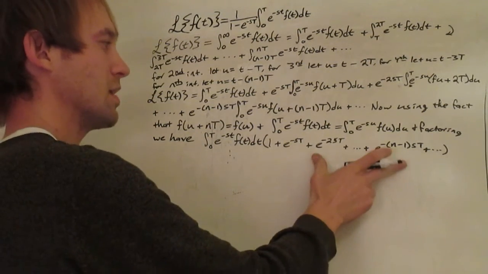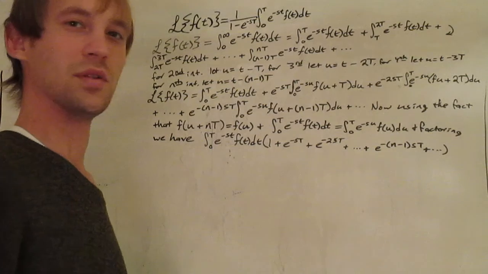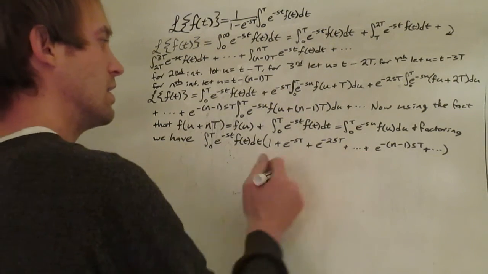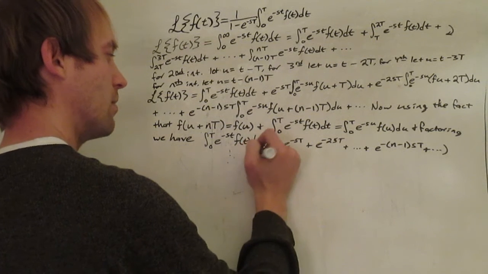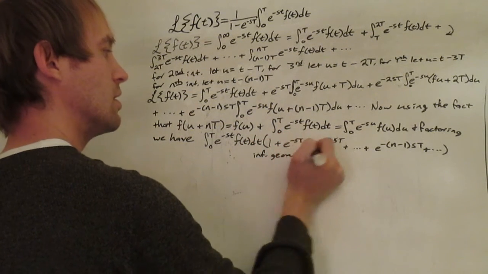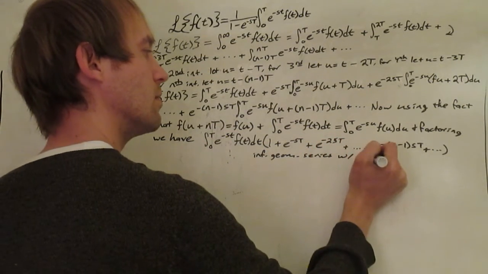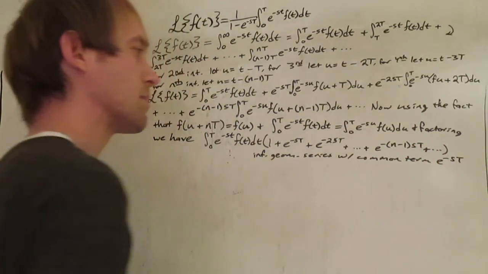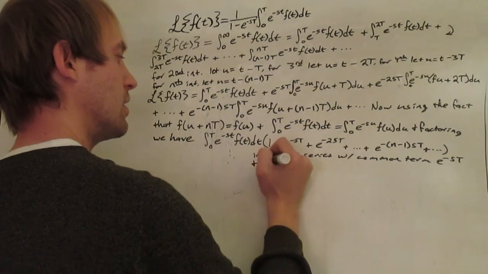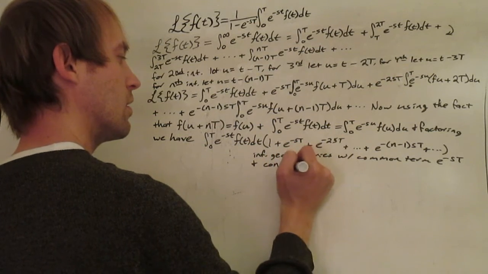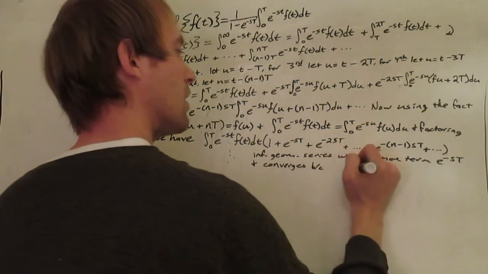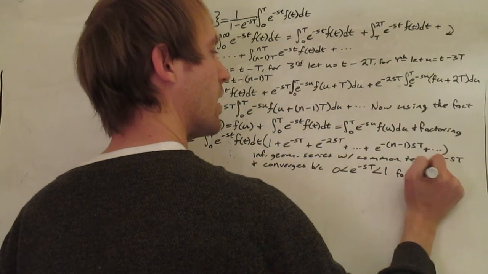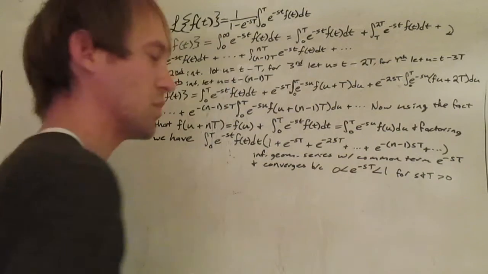And some of you may notice, I'm sure you've taken Cal 2 at this point, so in Calculus 2 we learn about infinite geometric series, and this is a geometric series with the common term e to the negative s capital T, and it converges because e to the negative sT is greater than 0 but less than 1 for s and T greater than 0, which we are assuming they are.